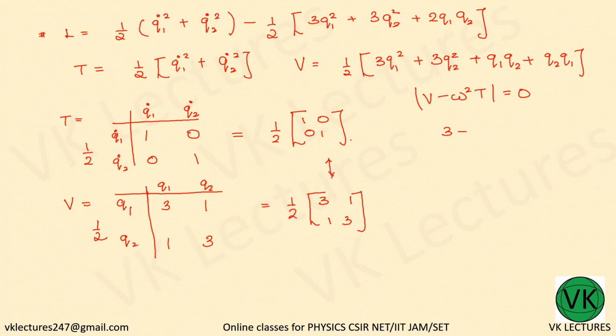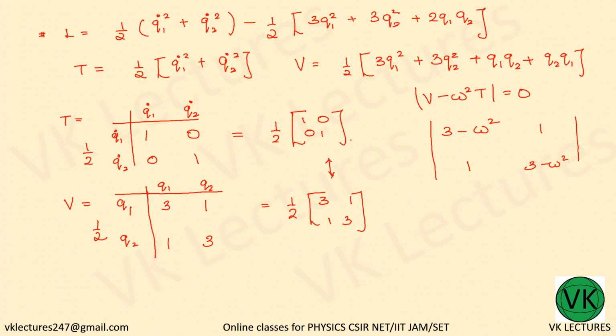Half is common in both, so we get 3 minus omega squared, 1, then again 1, and 3 minus omega squared.